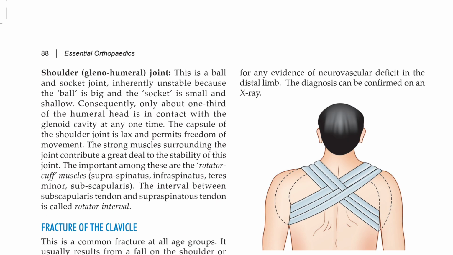The shoulder joint is called the glenohumeral joint. This is a ball and socket joint, inherently unstable because the ball is big and the socket is small and shallow.